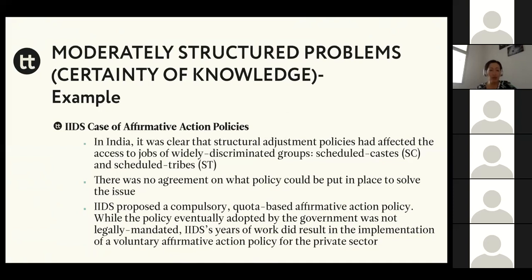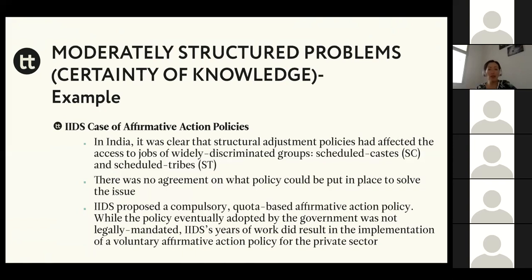And so the Institute of Dalit Studies works for promoting the inclusion of the groups that have been traditionally discriminated, that they now call the scheduled castes or the scheduled tribes. What they want is these groups to benefit equally from development in India.